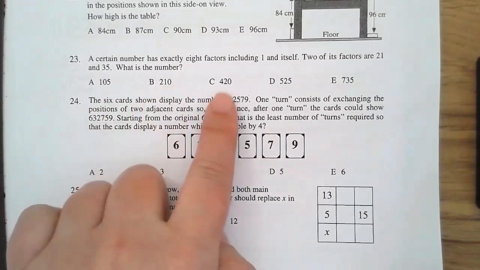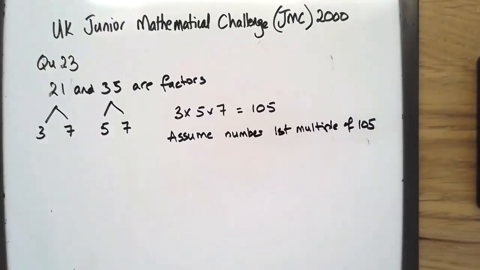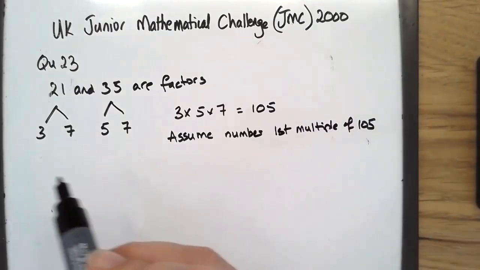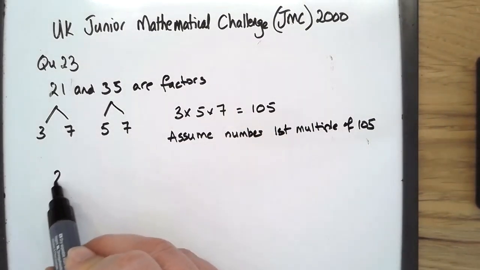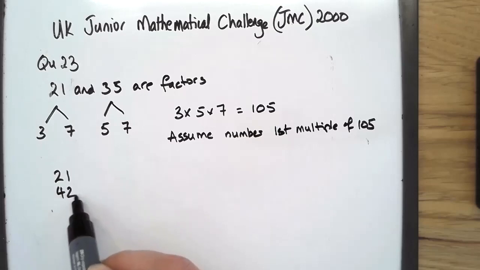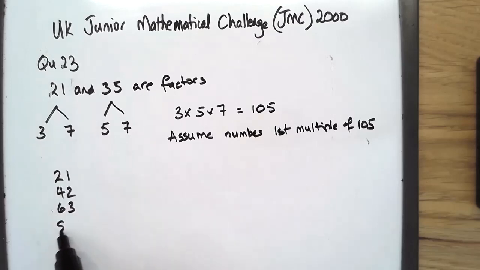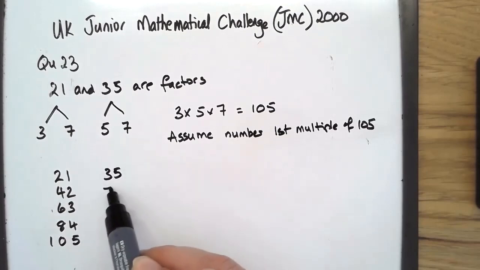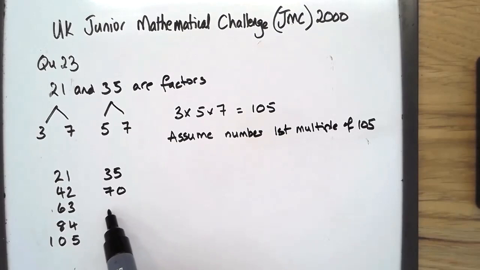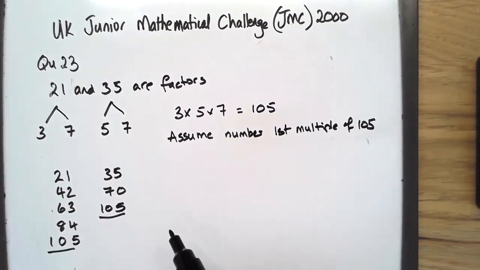You can see we've got 210, etc. So I'm going to look at multiples of 21. There are different ways of doing this. And we're looking for the lowest common multiple. So we do get to 105 here.